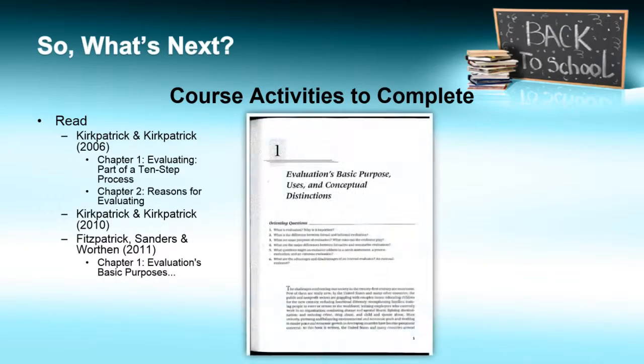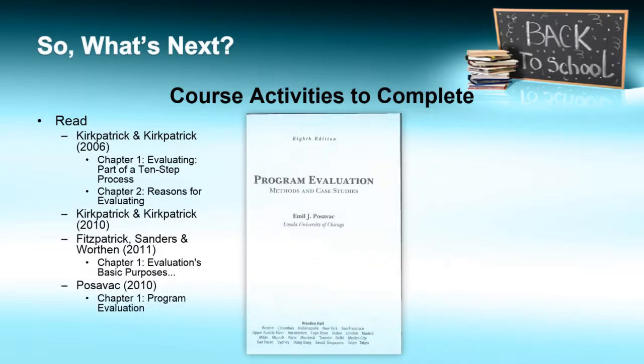We have a chapter from Fitzpatrick, Sanders, and Worthen, which is about evaluation. And so this is foundational information about evaluation that's important to know. Pozaback also has another chapter on program evaluation, and it's again foundational information. Both of them have some similar things, but also different things in their first chapters.